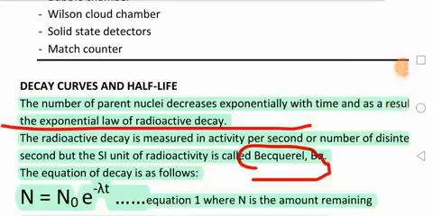Decay curve and half-life. So we have to look at the half-life and the decay curve. Half-life is the time taken for the number of particles to decay by half. For example, suppose 20 neutrons. How long does it take for it to decay by half?